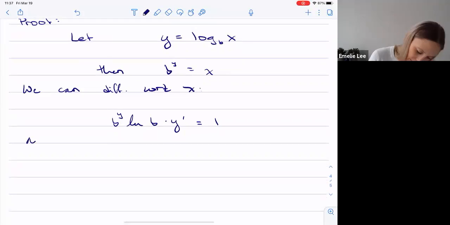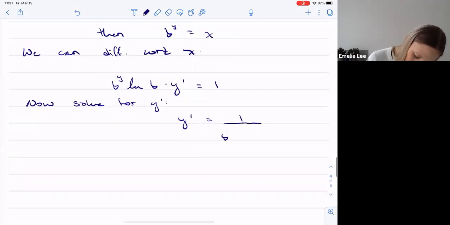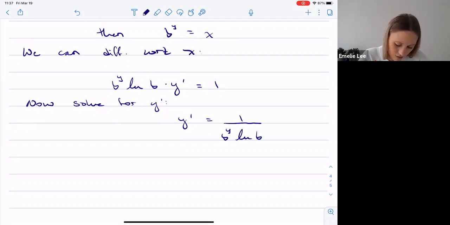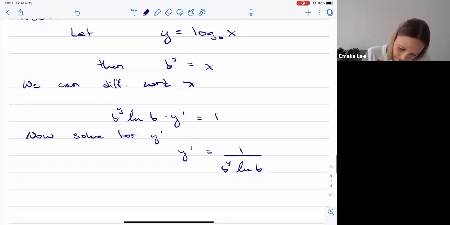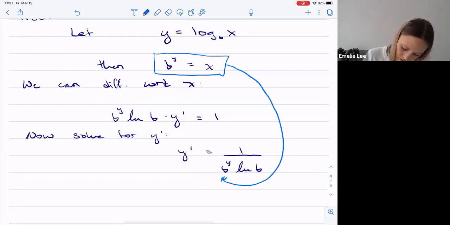So now solve for y prime. Well, y prime is going to be 1 over b to the y times the log of b. But how about this? Well, b to the y is x.